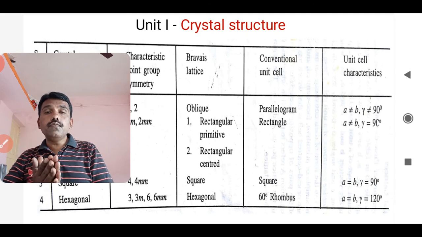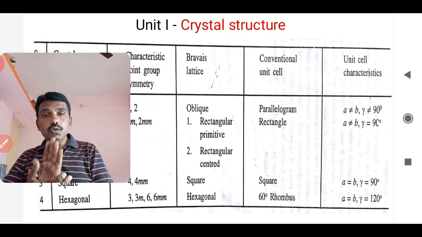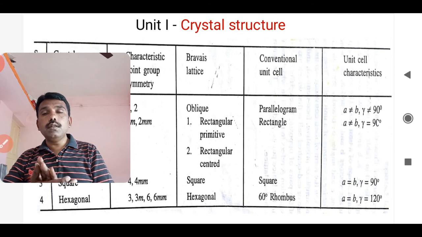Now in brief, the number of point groups possible in 2-dimensional is 10, the number of space groups is 17, the number of Bravais lattices is 5, and the number of crystal systems is 4.